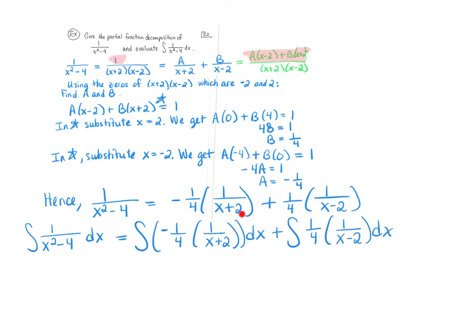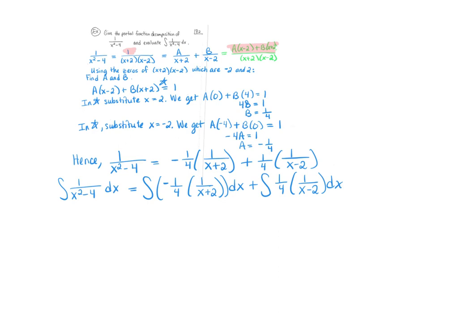Because the integral of the sum is the sum of the integrals. Okay, so this is equal to -1/4 times the integral of 1 over x plus 2 dx plus 1/4 times the integral of 1 over x minus 2 dx.